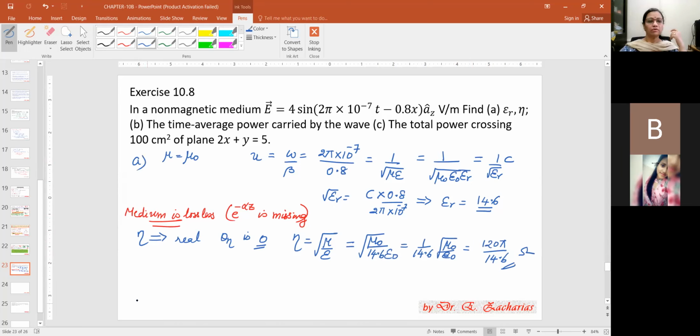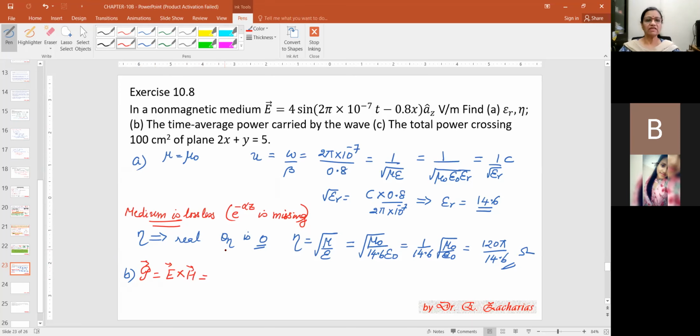Now let us find out part B. So what is part B? Part B is finding out the time average power carried by the wave. To get the power average carried by the wave, what you need to do is you have to get your Poynting vector. Poynting vector you know is E cross H, right?